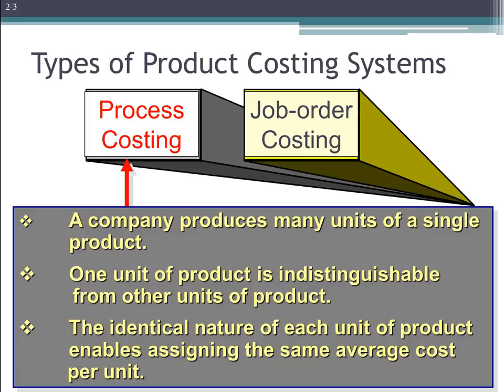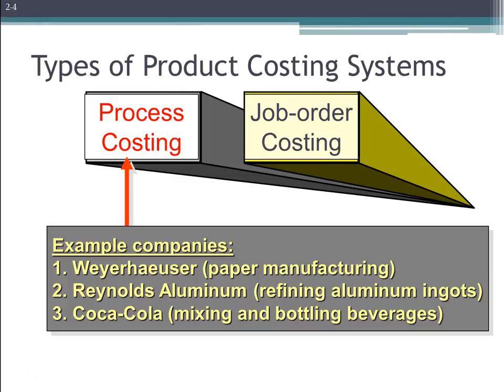In a nutshell, process costing is used by companies that primarily produce one unit of production, where each merchandise inventory that they are creating, every unit of production, is pretty much indistinguishable or identical to all other units of production. Some examples would be Weyerhaeuser, which is a paper manufacturer. I think Reynolds Aluminum, they're basically making aluminum ingots, which are indistinguishable one from another.